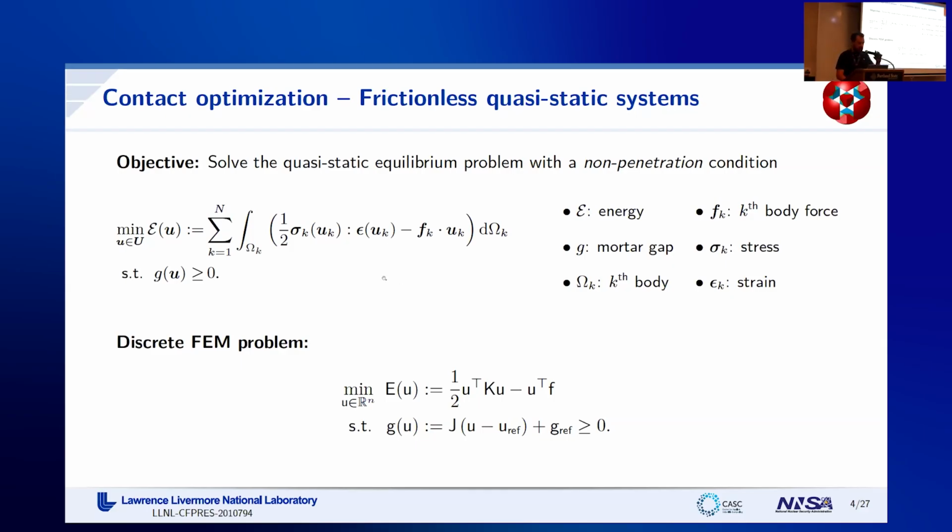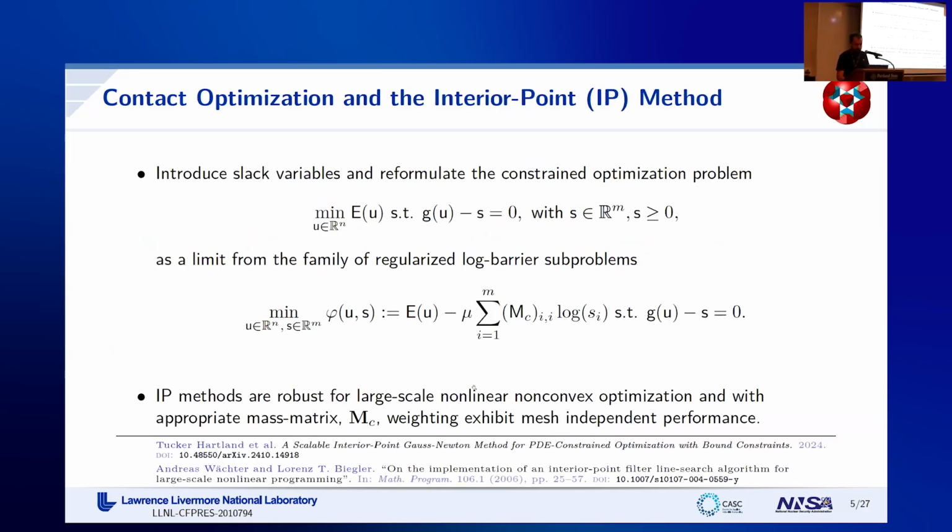So if you discretize with finite elements, you end up with something like this, subject to the gap function being non-negative, meaning you don't have penetration of one body into the other. And here we also use linearized gap. So you see the Jacobian here of the gap function around some reference displacement.